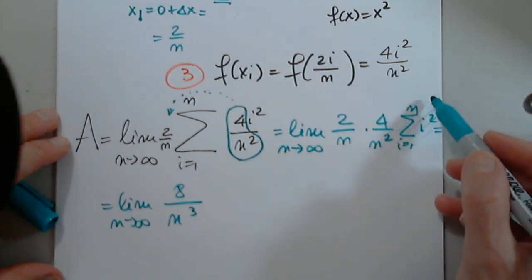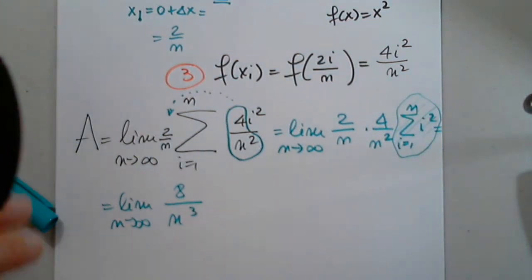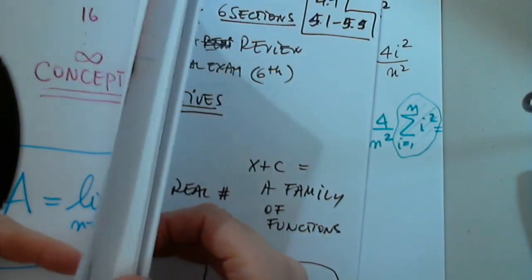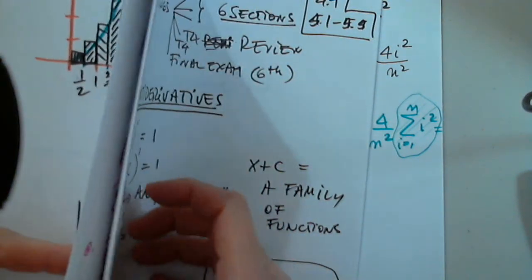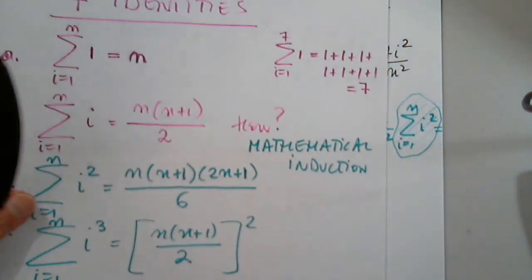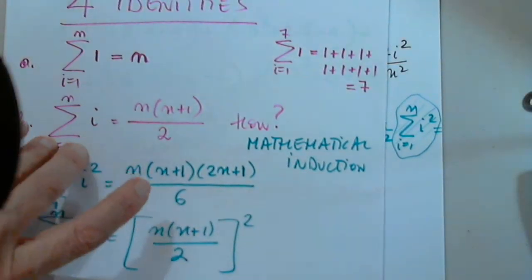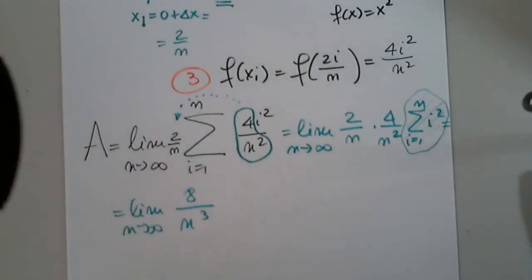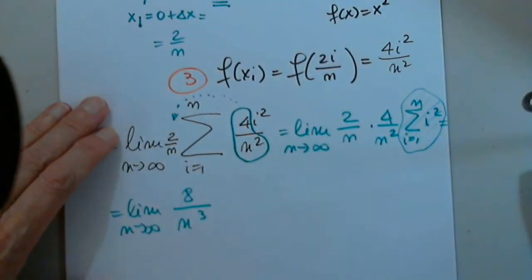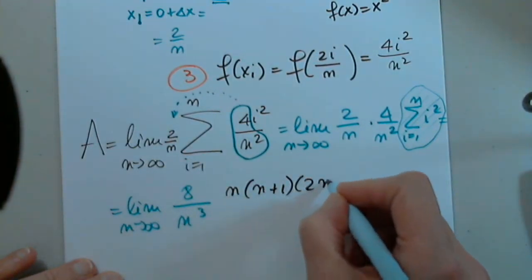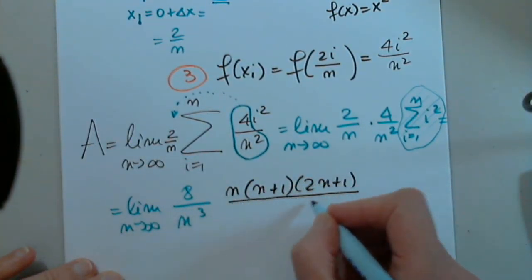I know what this has to be replaced by. It's the ugly one from all those three: n plus 1, 2n plus 1 over 6. n plus 1, 2n plus 1 divided by 6.